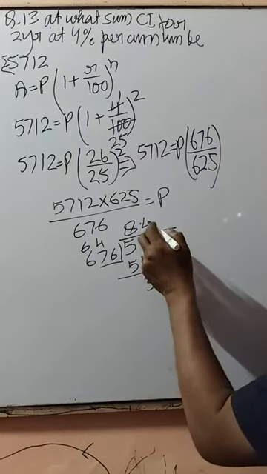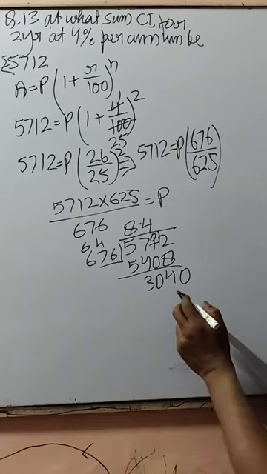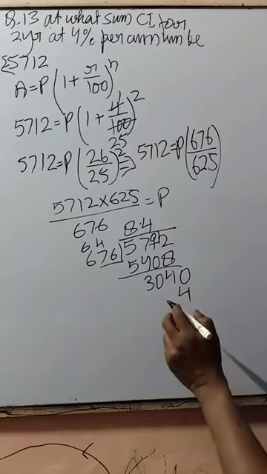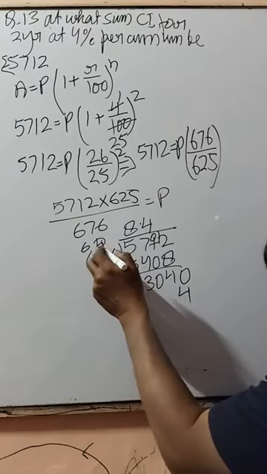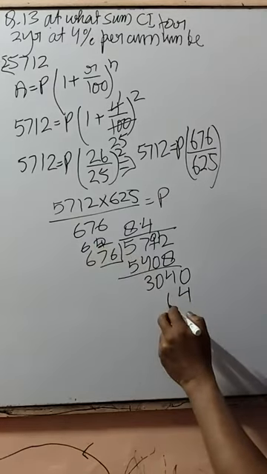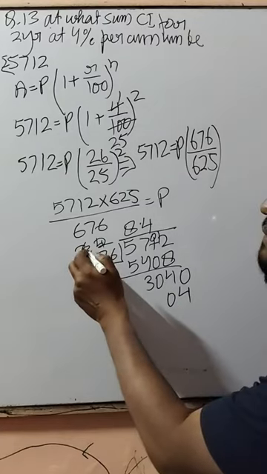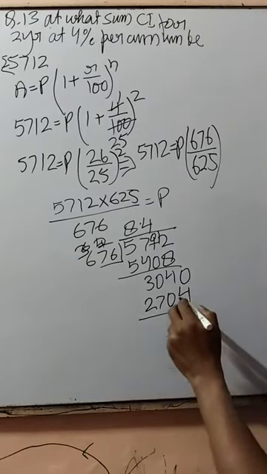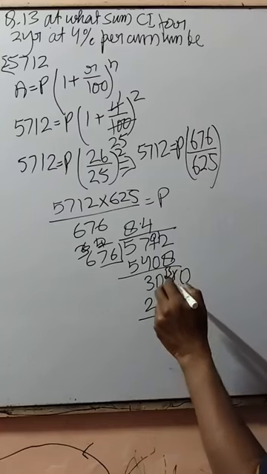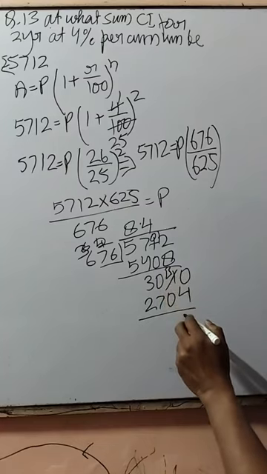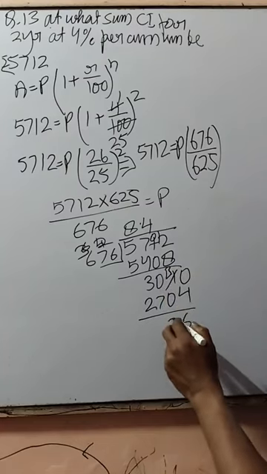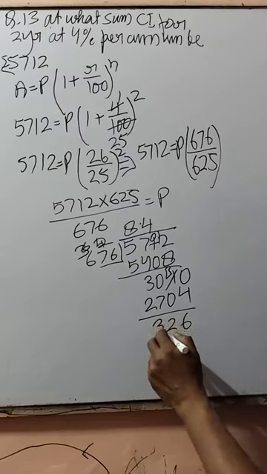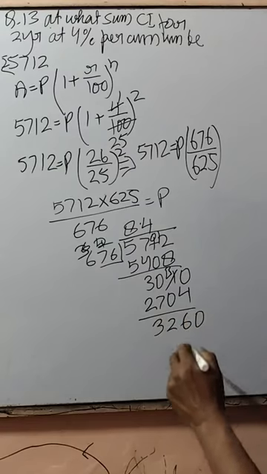We go by 4. 4 times 4 becomes 24, we get 2 here. 4 28 30. We got 3 here.